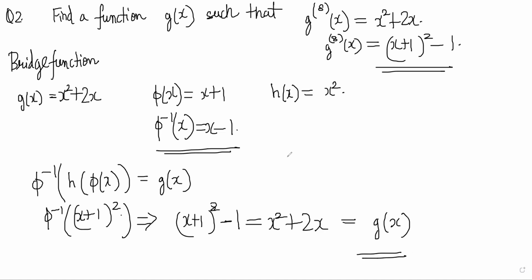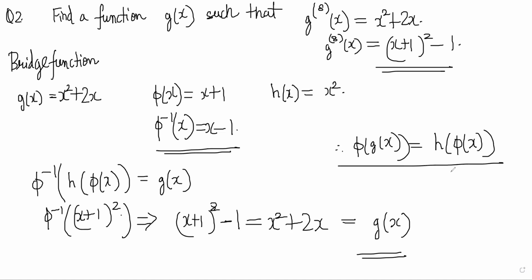Now we have confirmed, basically we had to check phi of g of x should be equal to h of phi of x. This was the condition. Then we can say that h and g are similar with a bridge function phi, right?